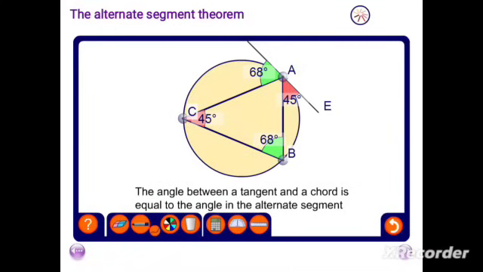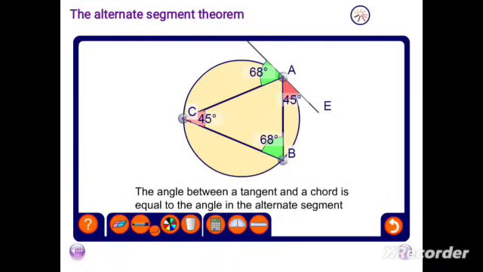Now, we can say that the angle between a tangent and a chord is equal to the angle in the alternate segment, and that is what we can state as the alternate segment theorem.